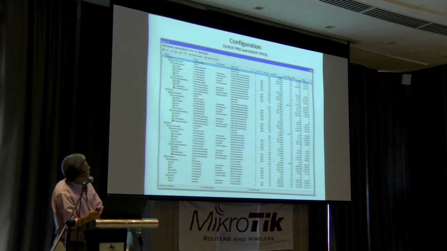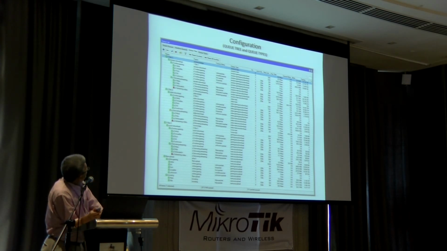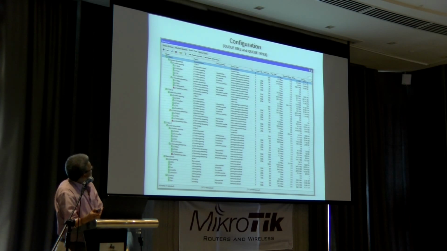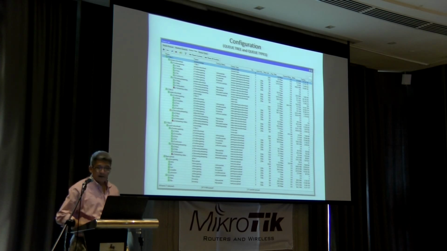Here is the queue tree and queue types. Okay. Site 1, I set the parent as the site 1's parent bridge, and then under that, I'm sure I could really, you know what? Let's go live.